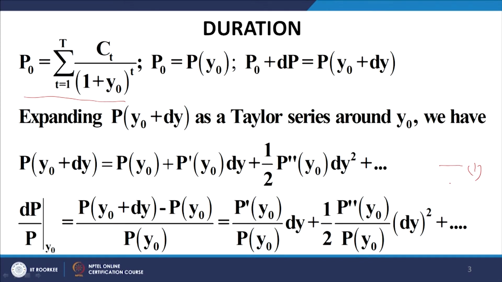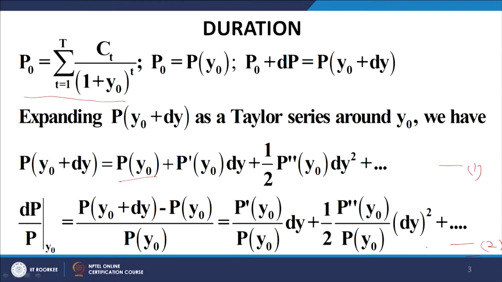This is a standard Taylor series expansion, so not much to explain here. On simplifying, taking the first term on the right hand side to the left hand side and dividing throughout by P0 or P of Y0, what we get is the expression in the second equation, which I call equation number 2.